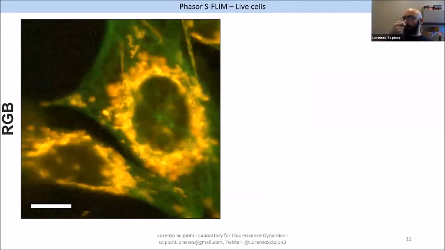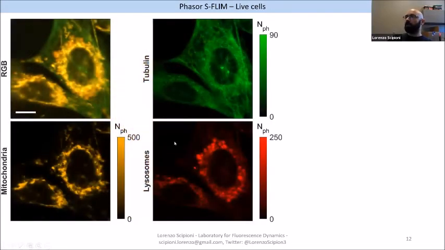So let's take a look, for instance, at this cell. So this is a cell labeled with 3 organelle-specific fluorophores. And once you process it with our blind unmixing method, you actually split the signal coming from what is a tubulin marker, mitochondrial marker, and lysosomal marker, even though you have basically a perfect overlap of all 3 signals in every pixel.